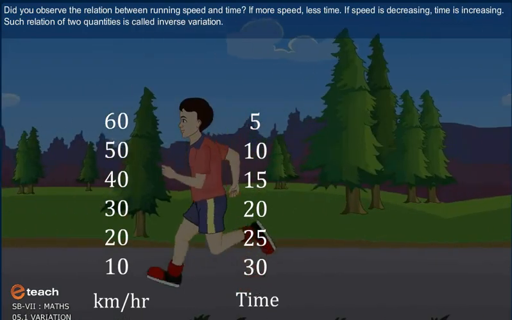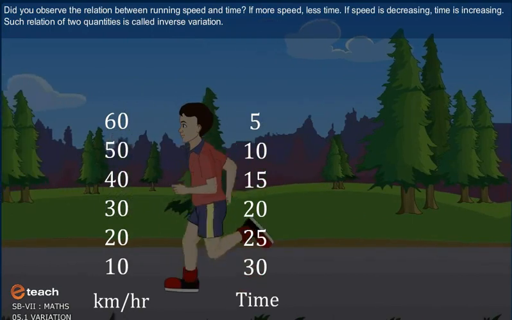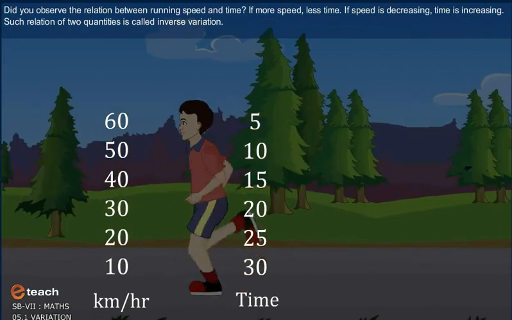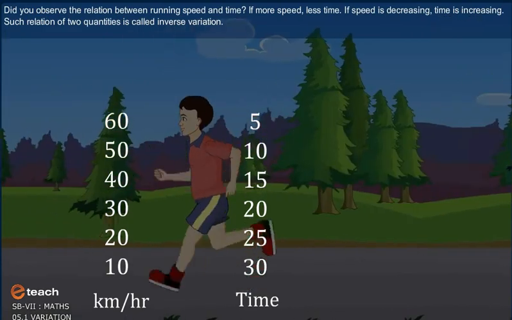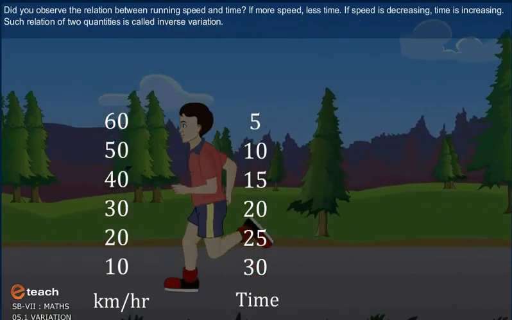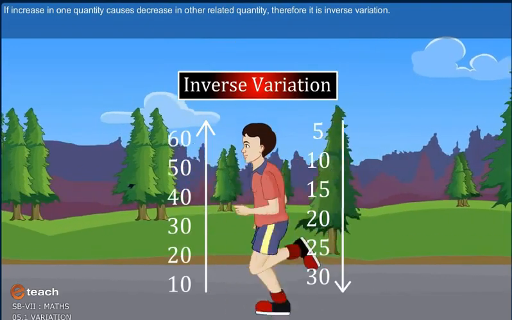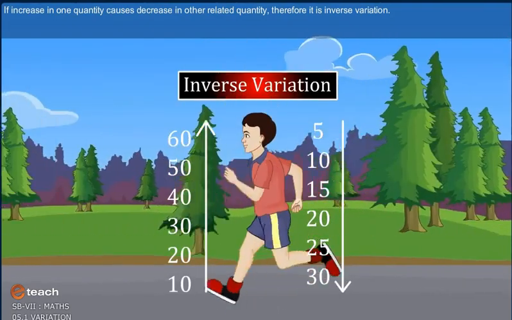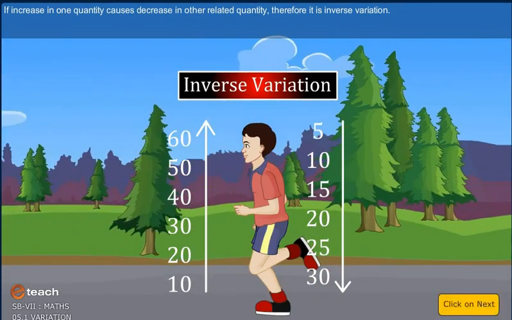If more speed, less time. If speed is decreasing, time is increasing. Such a relation of two quantities is called inverse variation. If an increase in one quantity causes a decrease in the other related quantity, it is an inverse variation.